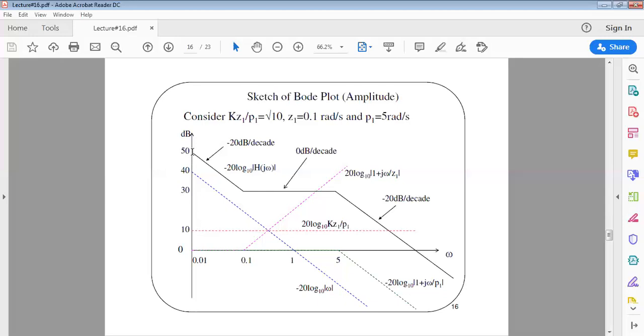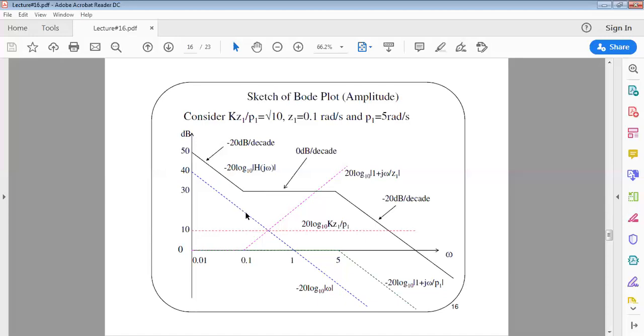So at 50 dB, we're going to have a slope of negative 20 dB per decade, which follows the blue line sketch. The black solid line is the actual plot. So negative 20 dB per decade up to 0.1. Why does it stop at 0.1? Because at 0.1, we notice that there are two slopes.